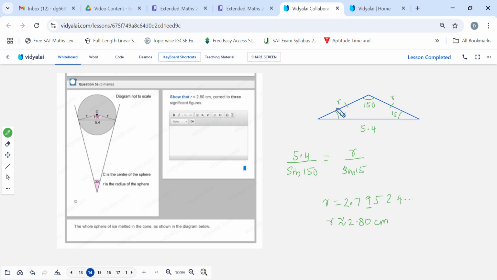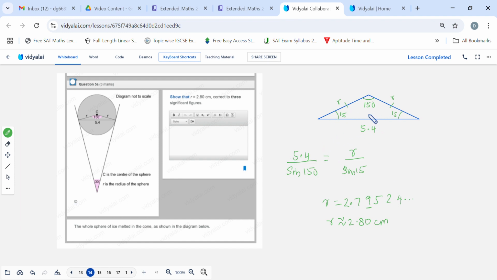Since both are radii of the same circle, this is an isosceles triangle, and it's given that this angle is 150. By the angle sum property, 180 minus 150, which is 30, will be divided by 2, and each of these angles will be 15 degrees.